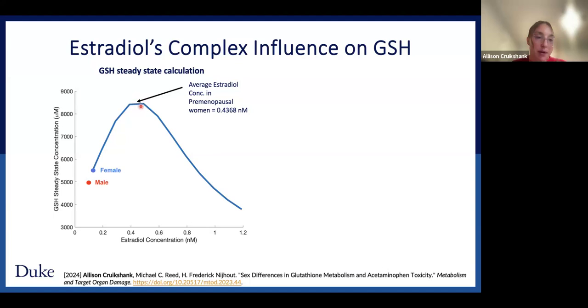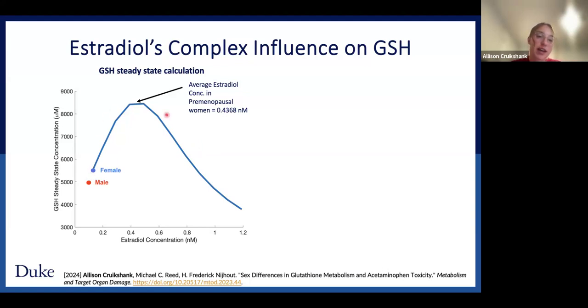You can see that in the premenopausal female, the glutathione concentration is significantly higher than that of males. That's actually a result that's seen in the clinic, in humans, and in mice and rats as well. So we're able to replicate that. But what you don't see as much in the literature is how glutathione reacts to estradiol at different concentrations.